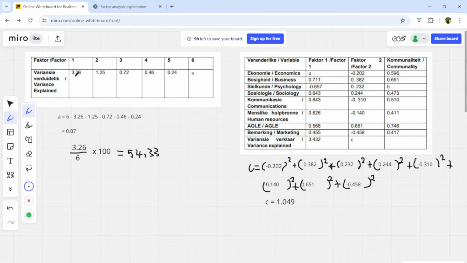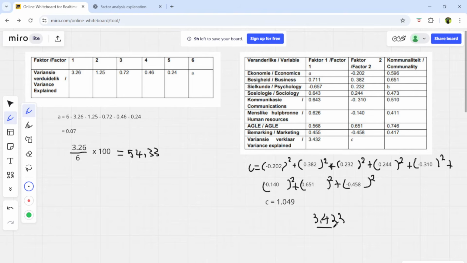So if they said, let's say factor 1 and factor 2, then you just add 3.26 plus 1.25, you divide by the number of factors, and then you multiply by 100, just like that. So now, when you're given factor loadings like this, and then they say to you, calculate the variance explained by factor 1, basically this is the variance explained by factor 1, 3.432. So in this case, you take the variance explained. Let's say this is the variance explained, 3.423.